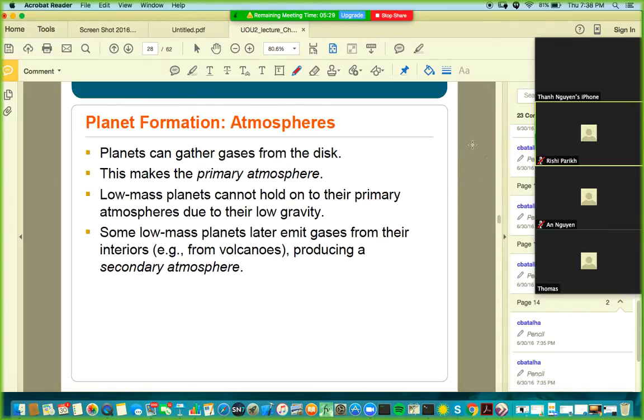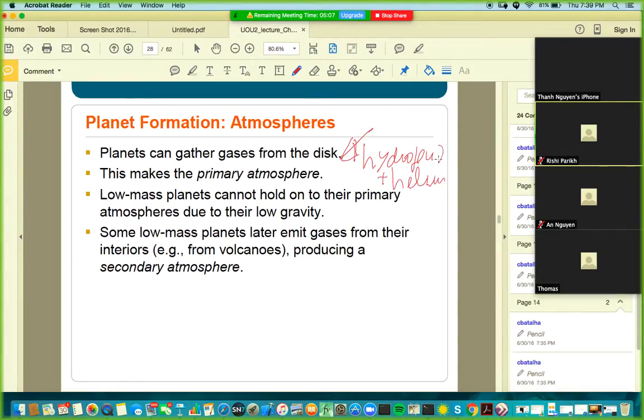So when you think about atmosphere in planets, especially terrestrial planets, there is a primary atmosphere which in general is associated with hydrogen and helium, because those are the most abundant atoms in the universe.